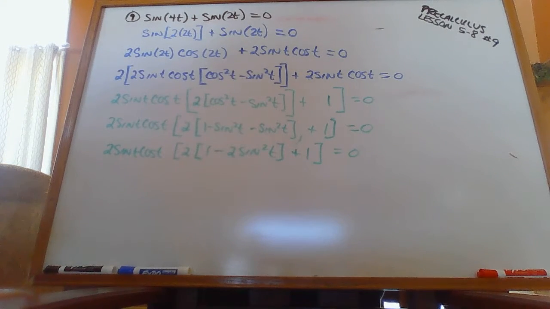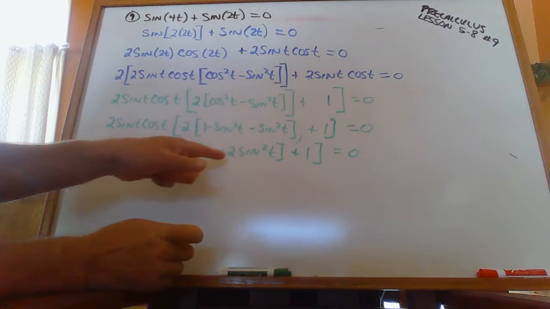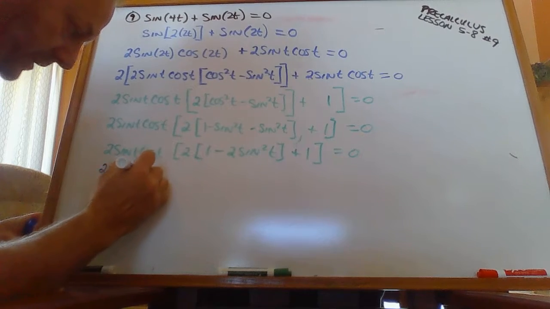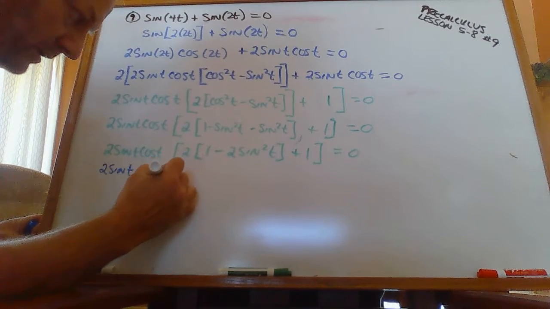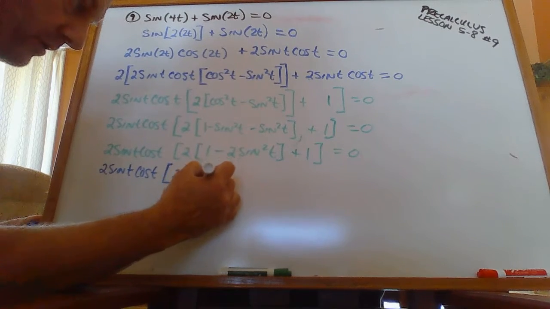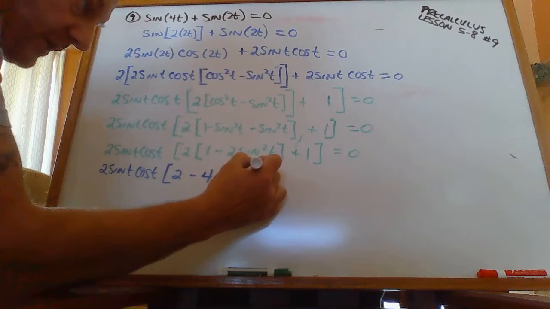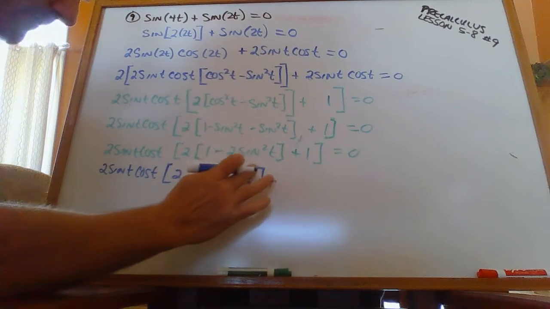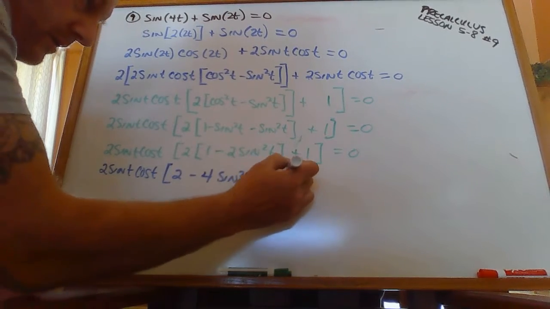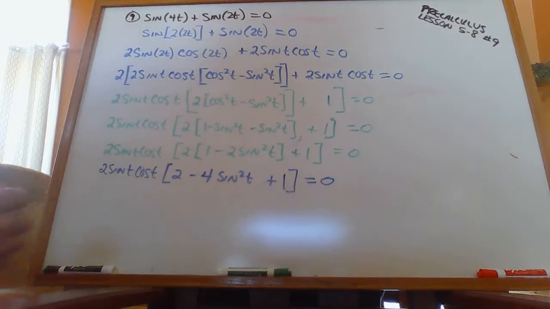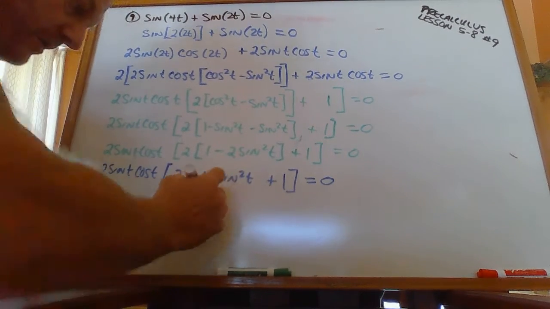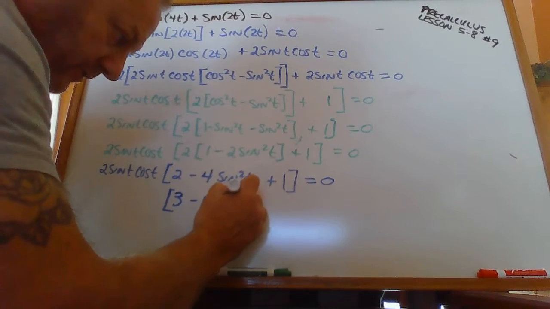Now I'm going to go ahead and distribute my 2 inside here. So this becomes 2 sine t cosine t times 2 minus 4 sine squared t plus 1. And I can combine my like terms here. So that makes 3 minus 4 sine squared t.